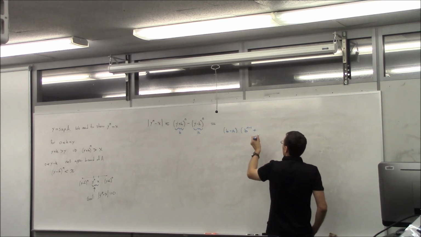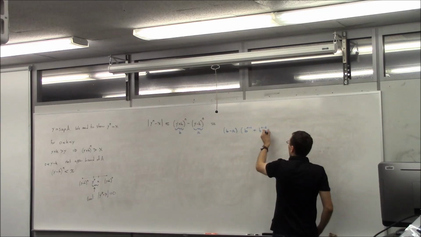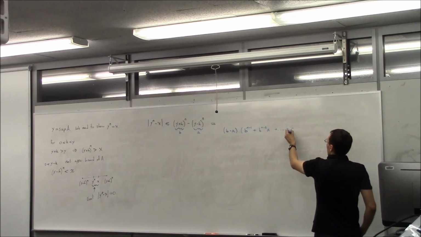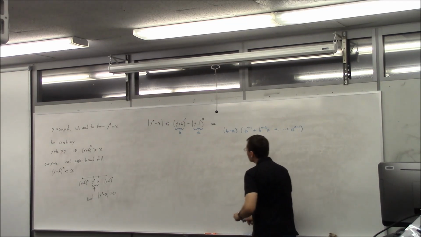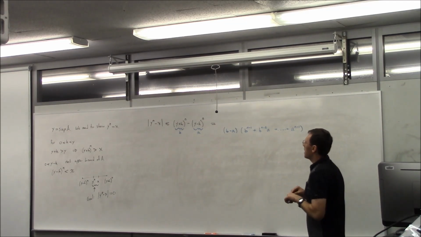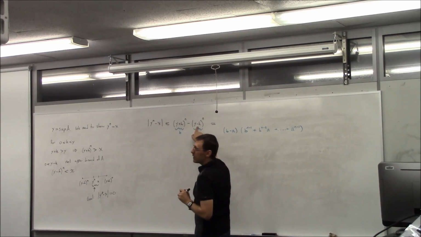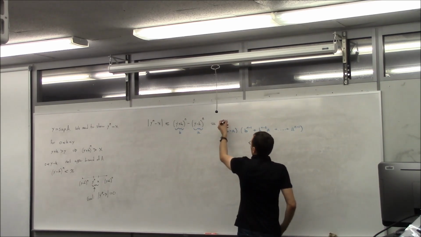Next it would be plus b to the n minus 2 times a, and so on and so forth until a to the n minus 1. So what is b minus a? b minus a will just be 2 times h. Do you see that? y plus h minus y minus h is just 2 times h. So this becomes 2 times h.